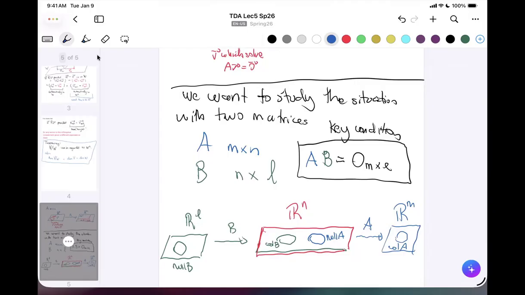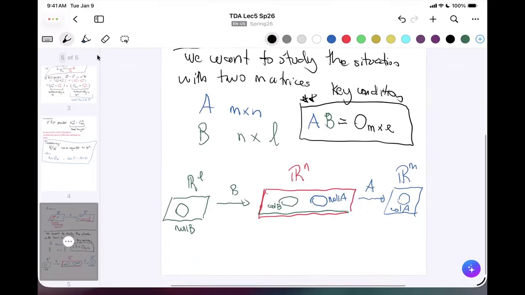But the fact that A times B gives you the zero matrix, and I'm about to prove it because it's a one-liner, a 2-second proof, means that the column space is completely inside the null space. So the column space will live inside the null space of the matrix because of this magic condition.